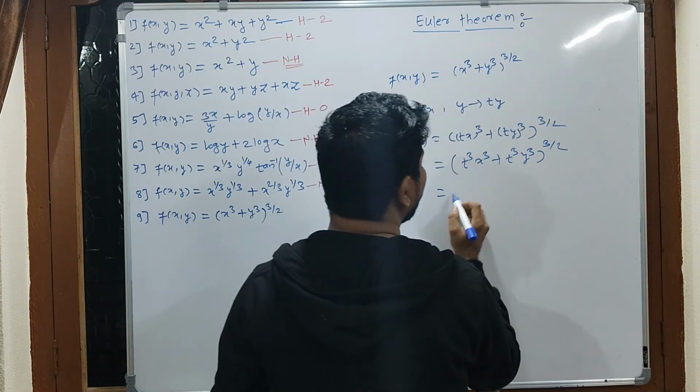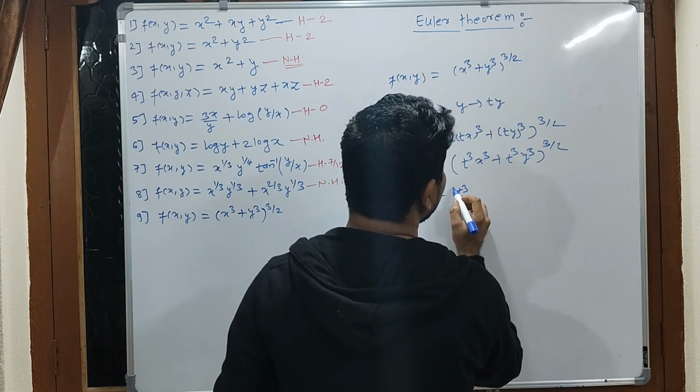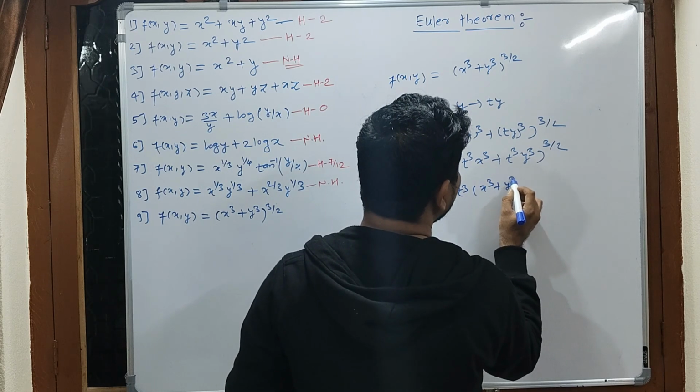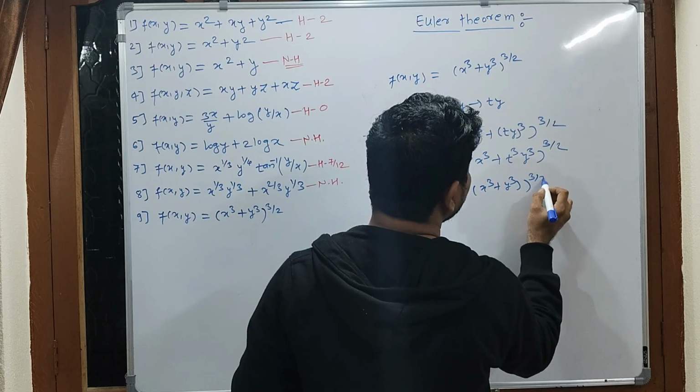Here I will take t to the power 3 common, so x cube plus y cube, and this is power 3 by 2.